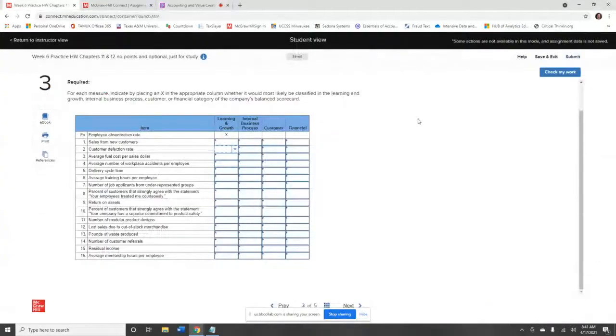Okay, so here we are. It's got this little grid, and it has a list of items, and it's got the 4 balanced scorecard measure areas, right? It gives an example of the areas, and I think most of these, I don't think all of them, but most, it's just trying to see if you understand what makes something a learning and growth measure, what makes something an internal business process measure, right?